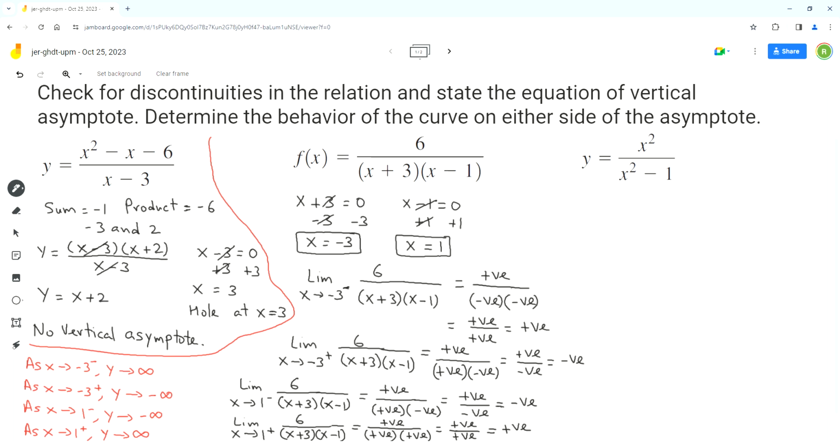So we can rewrite this function as y equals x squared over x squared minus 1 squared, which can be rewritten as y equals x squared over x plus 1 times x minus 1.